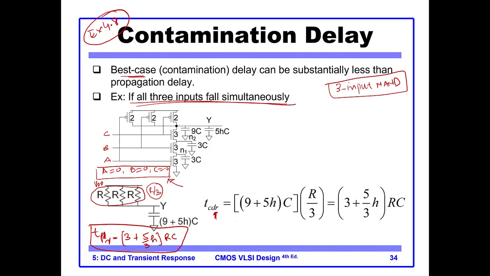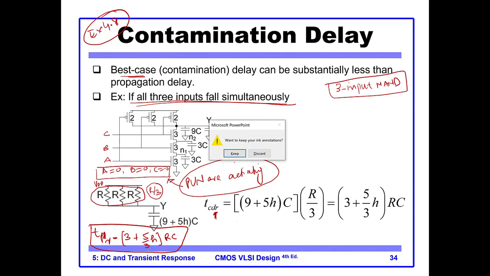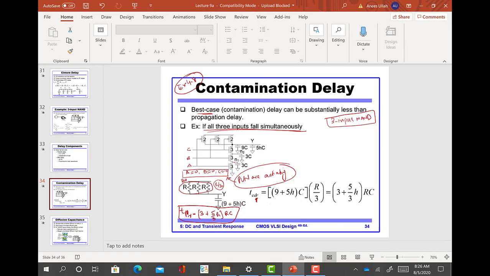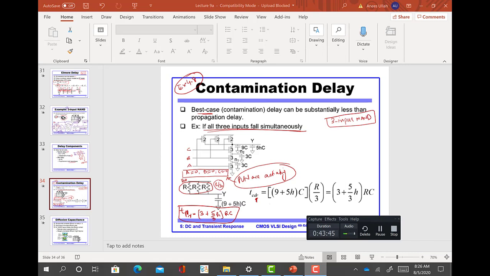So note the rise. Why rise? Because all the pull-up networks are activating. So you are pulling up to the VDD. So that's why it is the rise delay.